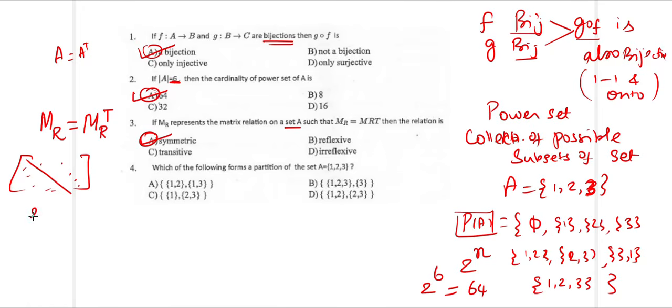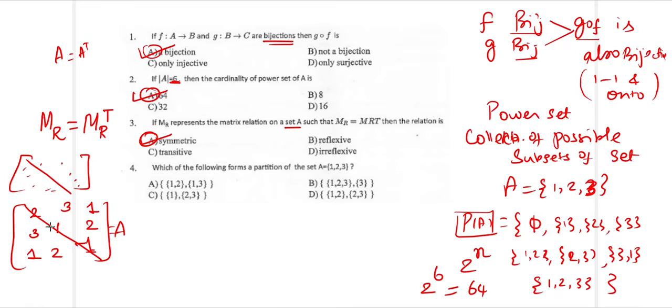Like this is going to be 2, 1, minus 1. If you have 3 here, you will have to have 3 here. If you have 1 here, you will have to have 1 here. If you have 2 here, then you will have 2 here. So this is my diagonal, and above and below the diagonal, the elements are the same. So when you take transpose to this, it will again be the same.